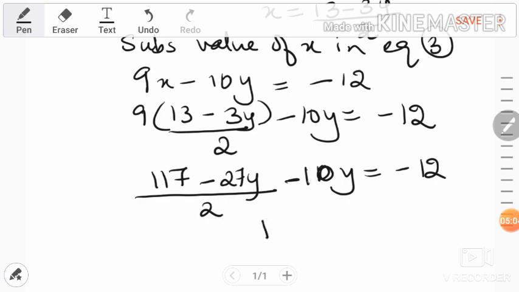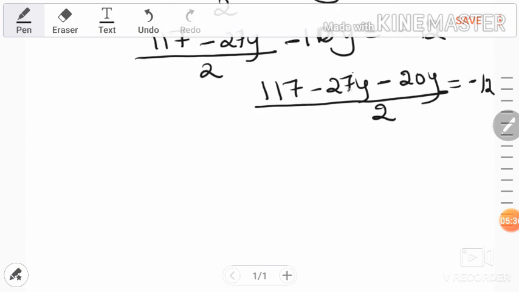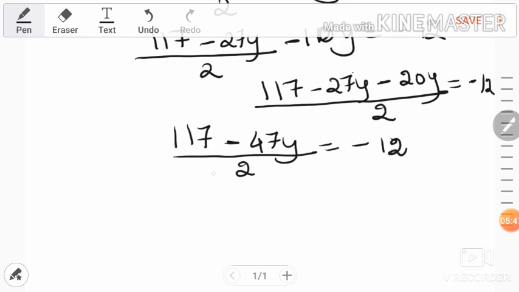Now multiply 2 to minus 10 in order to add these two terms. So 117 minus 27y minus 20y whole divided by 2 is equal to minus 12. Add like terms. 117 minus 47y divided by 2 is equal to minus 12. 117 minus 47y is equal to minus 24.